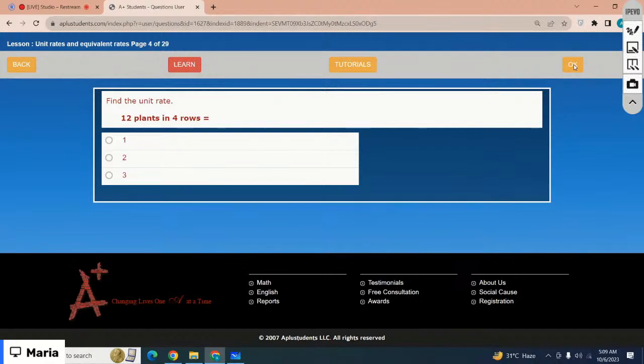Okay, the next one is 12 plants in 4 rows. How many plants in one row? That means in one row you have 3 plants. Very good. The correct option is 3.